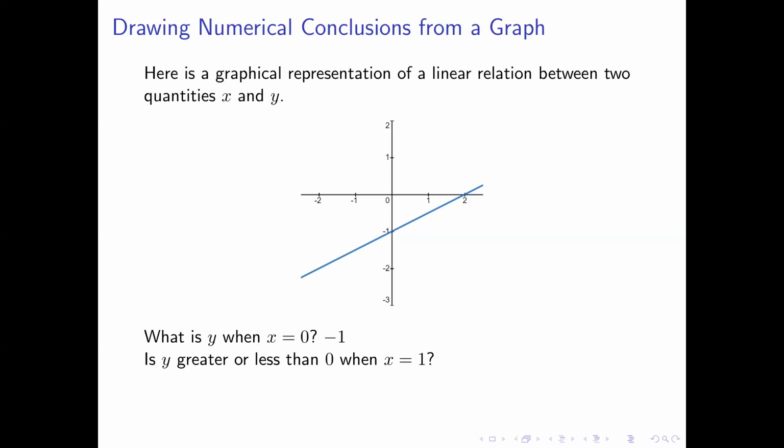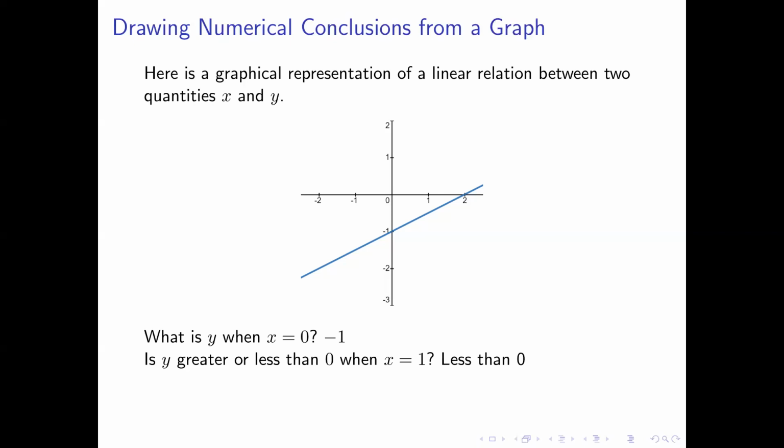Another question we could ask is this. Say we want to know whether y is greater than or less than 0 when x is equal to 1. Well, again, by looking at the graph, you should be able to figure out that y is less than 0. And if you don't see why that is in the graph, we'll look more closely at how to interpret all of this soon.